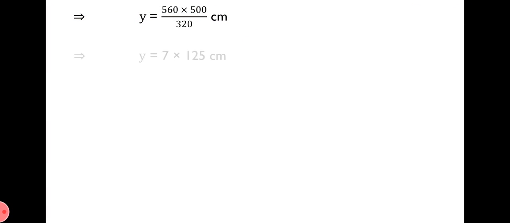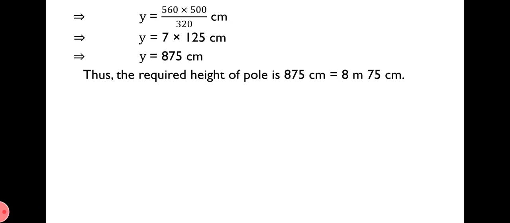Therefore, y equal to 7 into 125 centimeter implies that y equal to 875 centimeter. Thus, the required height of the pole is 875 centimeter, which is equal to 8 meter 75 centimeter.